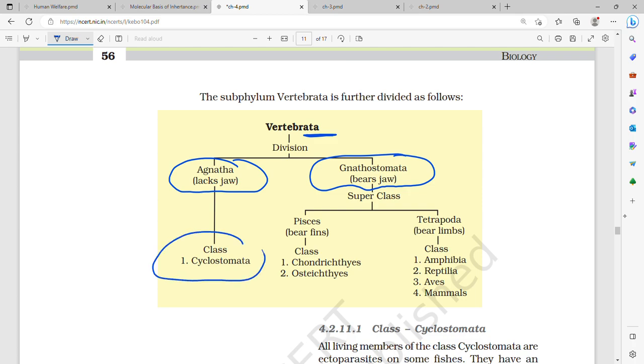Agnatha has the class Cyclostomata. Gnathostomata has the superclasses Pisces, which bear fins, and Tetrapoda, which bear limbs.